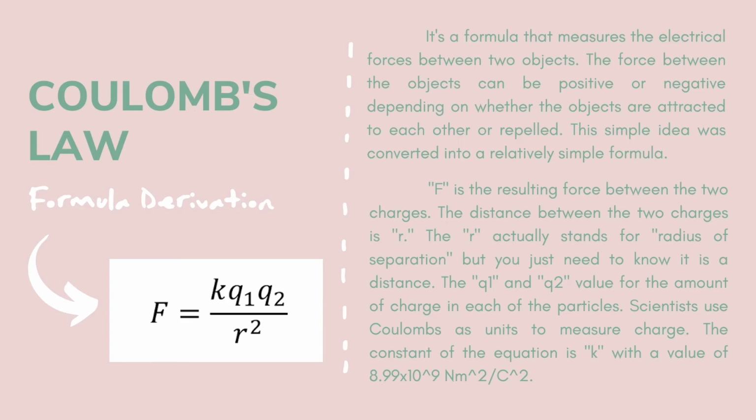Q1 and Q2 are the values for the amount of charge in each of the particles, and scientists use coulombs as units to measure charge. The constant of this equation is K, with a value of 8.99 times 10 to the power of 9 Newton meters squared per coulomb squared.